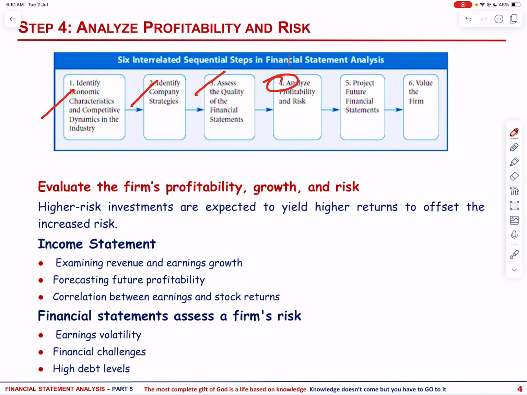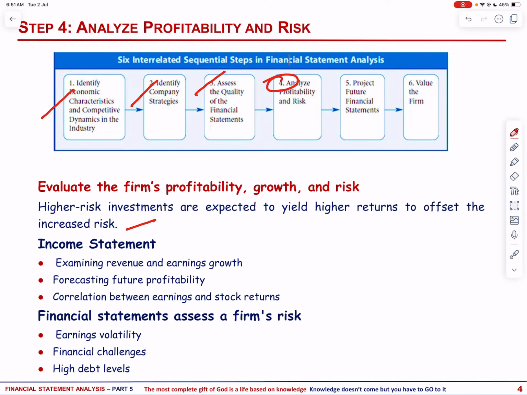So, investors prioritize returns and manage risk. They buy stock for dividends and capital gains. Higher risk investments are expected to yield higher returns to offset the increased risk. The income statement displays a firm's net income over current and past years.